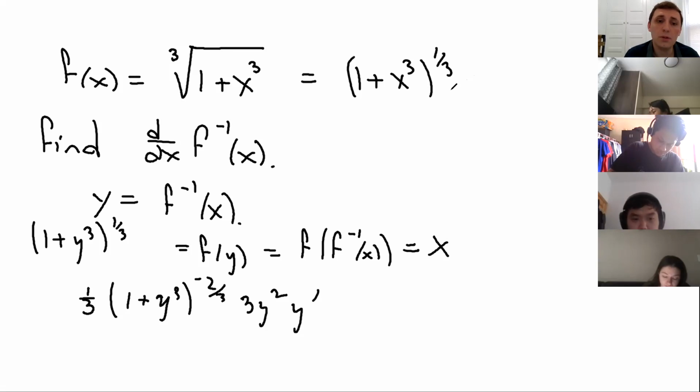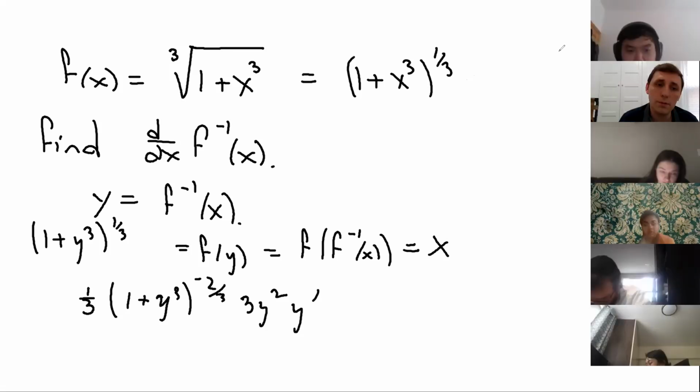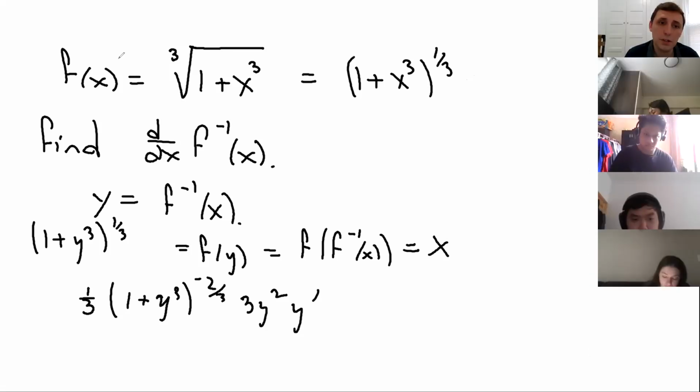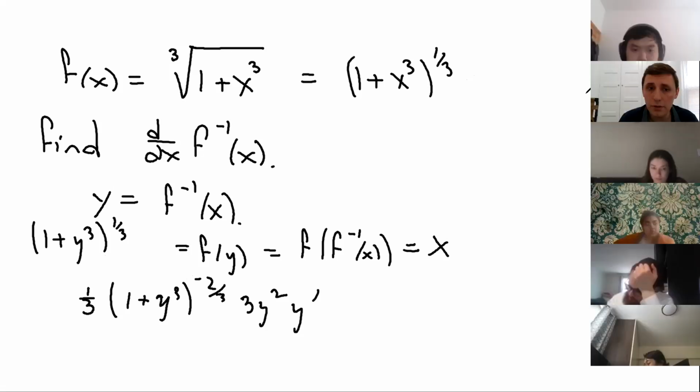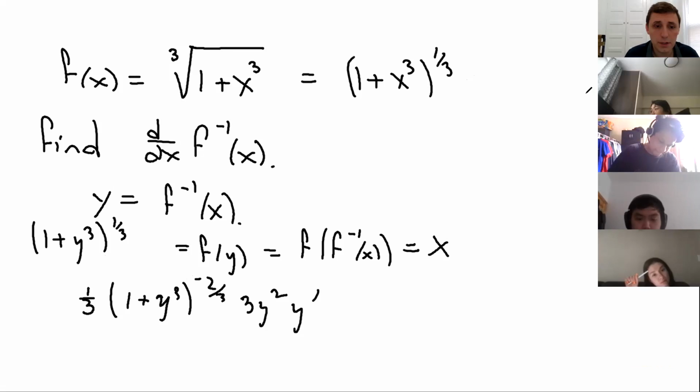I have information about the function. Here is f. So I say y equals f inverse, I apply f to both sides, and I have this expression. Then the derivative y prime is what I seek. y prime is the derivative of the inverse. So I use implicit differentiation, I write this expression, and it's equal to 1.